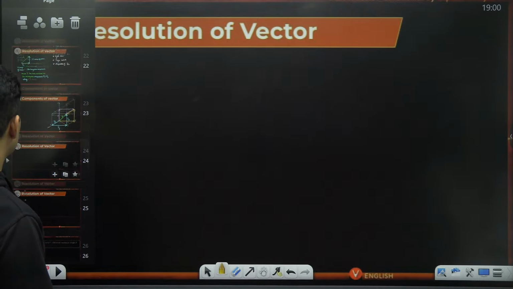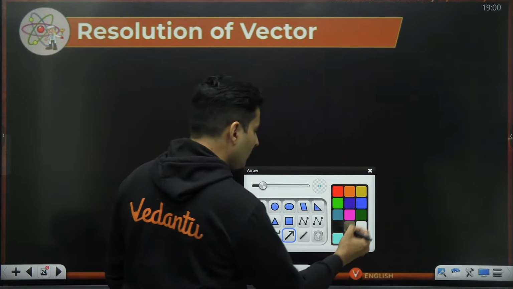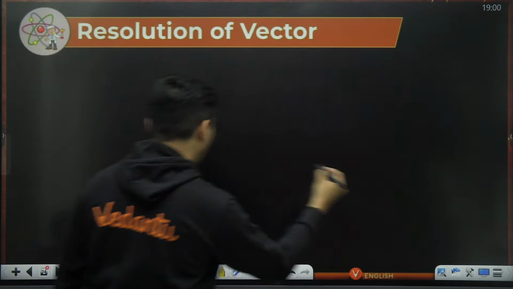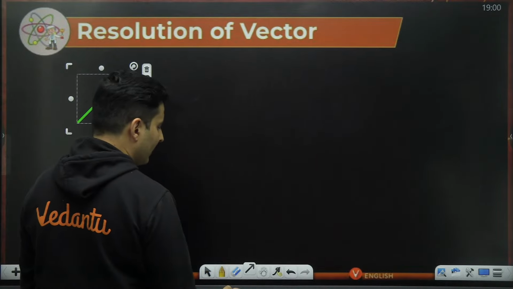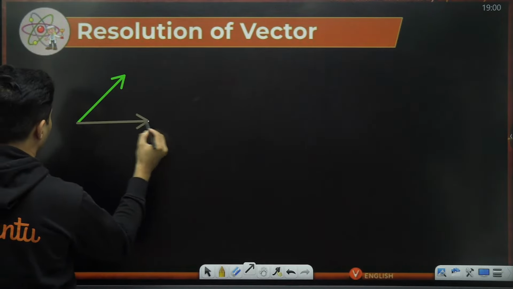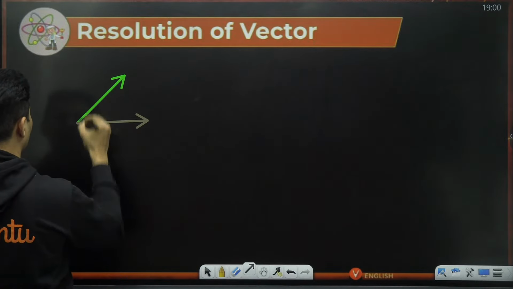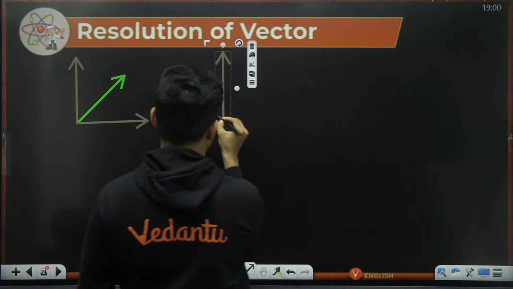All right. So sir, tell me now, if I have a vector like this, and let's say these are the axes possible. Okay, let me just show some axes over here.